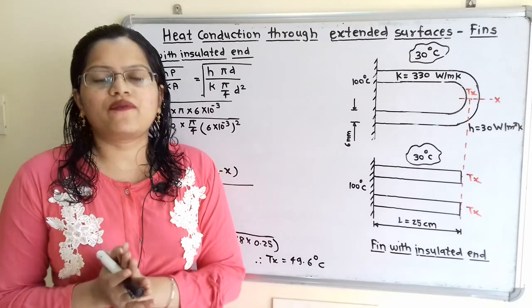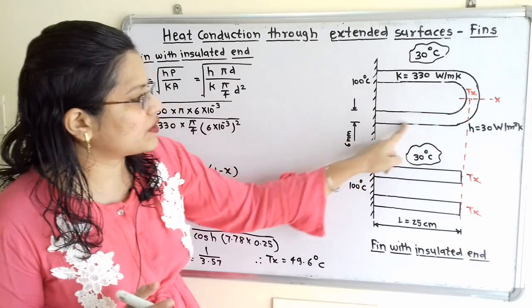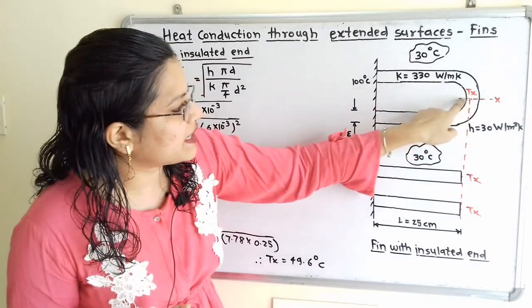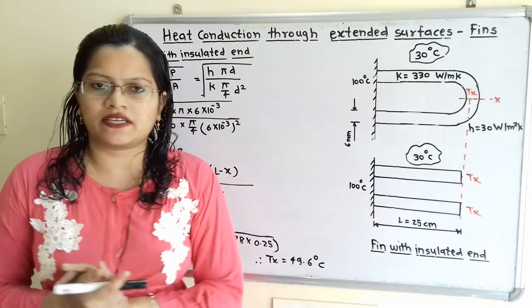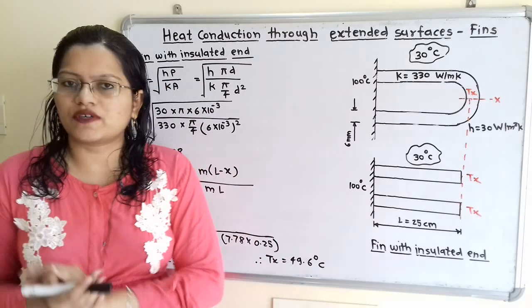Now we have to find out the temperature at the center of the rod. So I will draw the section X at the center of the rod and we have to find out temperature Tx at this point. Now how to solve this question?